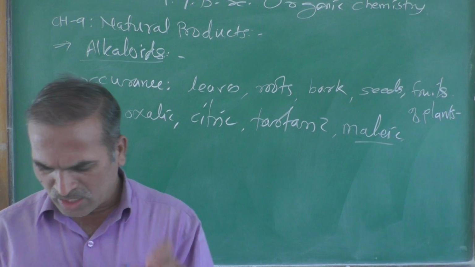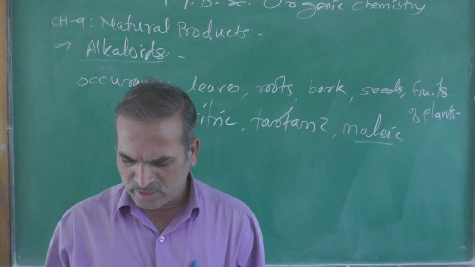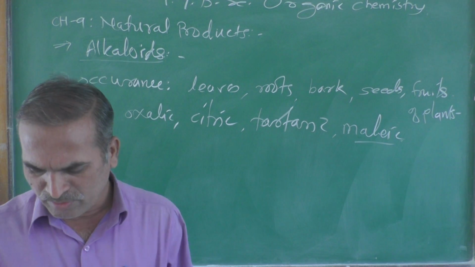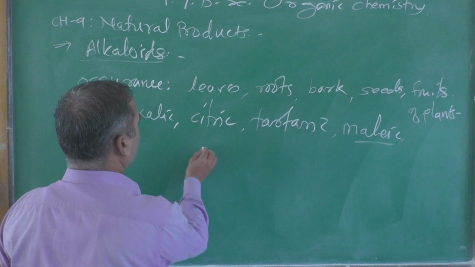More than one alkaloid occurs together in one plant. For example, opium.